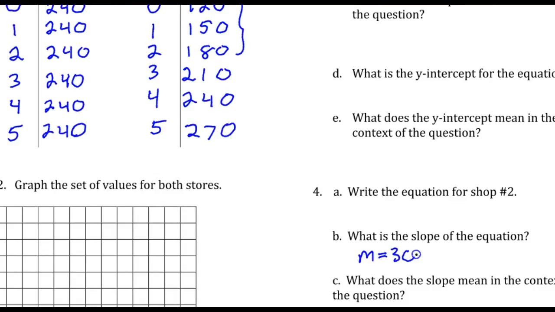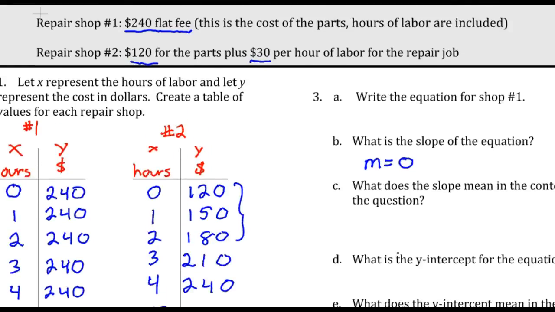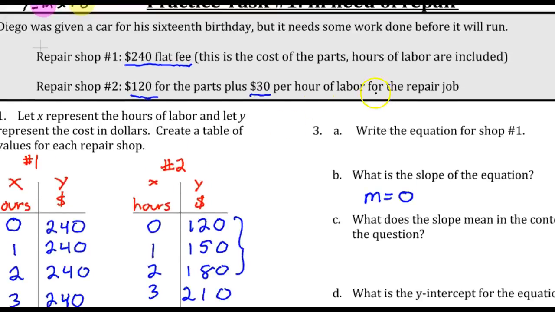We're going up by $30 per hour. I'm getting that from here, $30 per hour for number 2. And the fact that it's a flat fee, that's how I know the slope equals 0. Flat fee or fixed rate equals 0. So you can see I can get that without the graph.